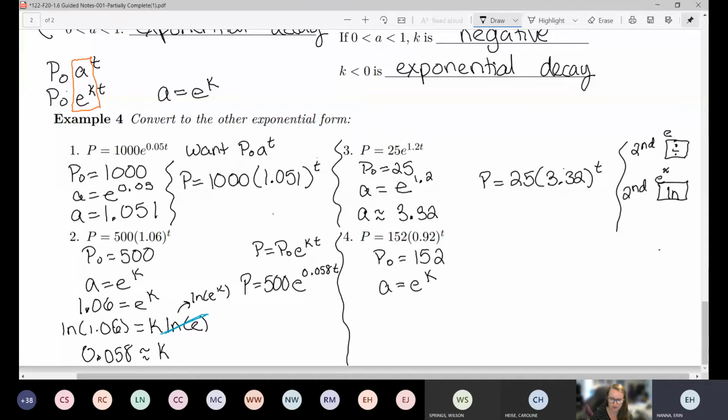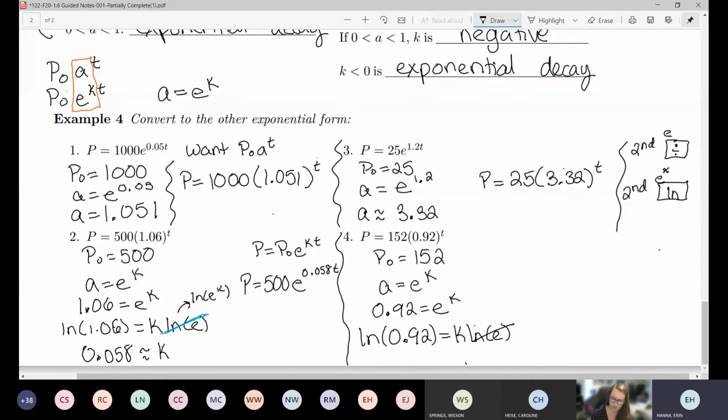If we're using my way, the way I always remember how to do it, we'll have to take the natural log of both sides. Natural log of e is 1. So we just get that k equals the natural log of 0.92.